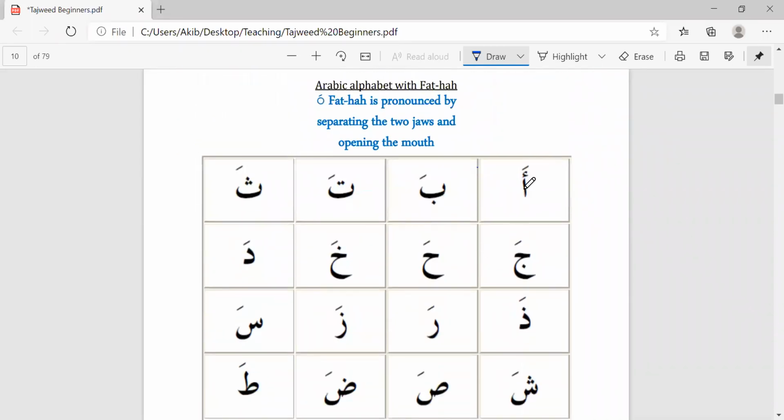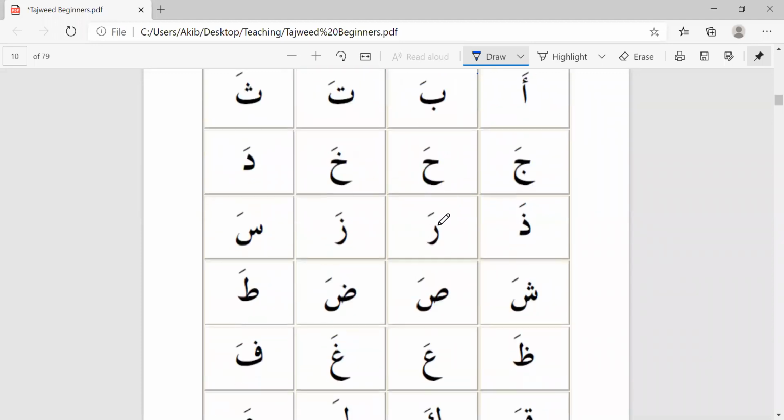We also mentioned something regarding the hamza. We mentioned that it's usually on top of the alif. And when the hamza is on top of the alif, then it will take over and give it that a sound. We also mentioned with regards to the letter ra, that though the ra is not a heavy letter, it's not part of the 7 heavy letters.